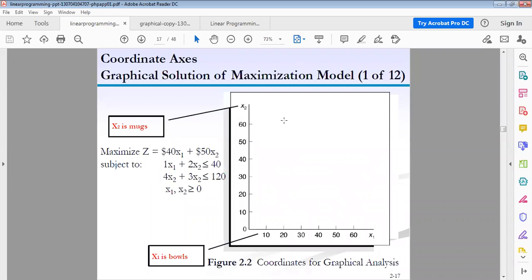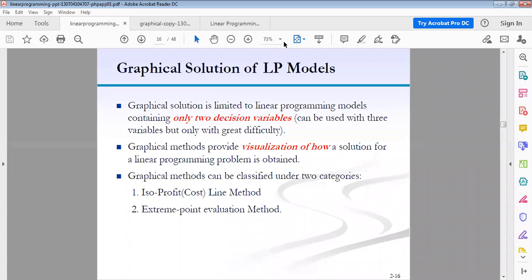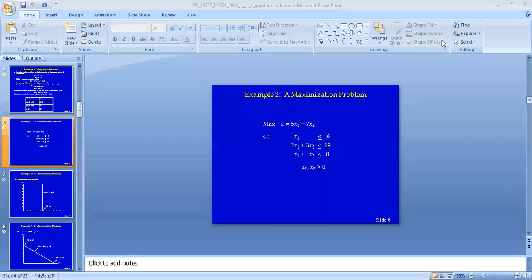Now suppose we study another problem. How to solve a minimization problem graphically, we studied in the previous class. Now another example, a maximization problem: how to solve a maximization problem using graphical methods.